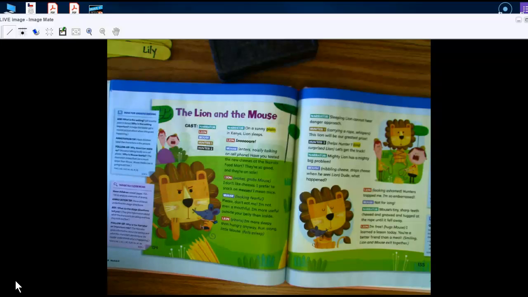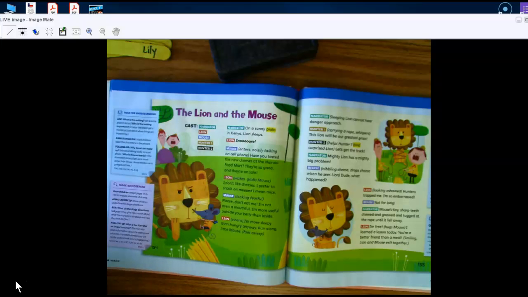Mouse, nibbling cheese, drops his cheese when he sees Lion. Lion looking ashamed. Mouse's tiny sharp teeth chewed and gnawed and tugged at the rope until it fell away. Hugs Mouse. Smiling, Lion and Mouse exit together.